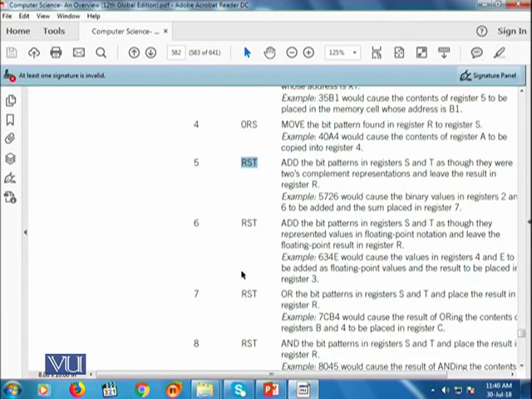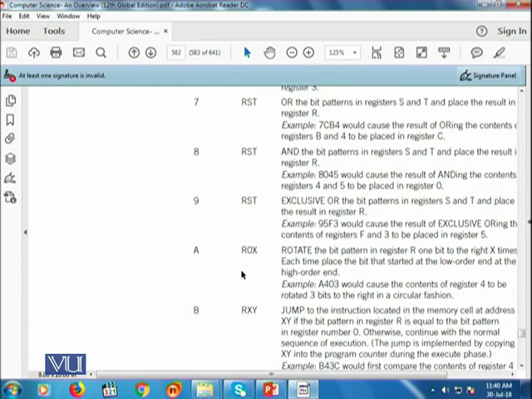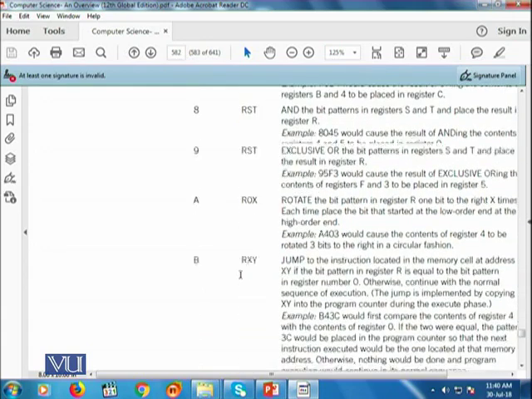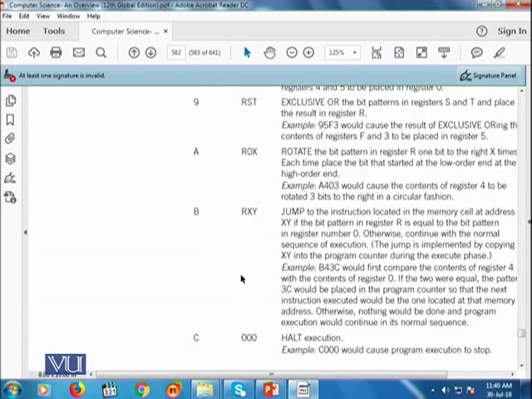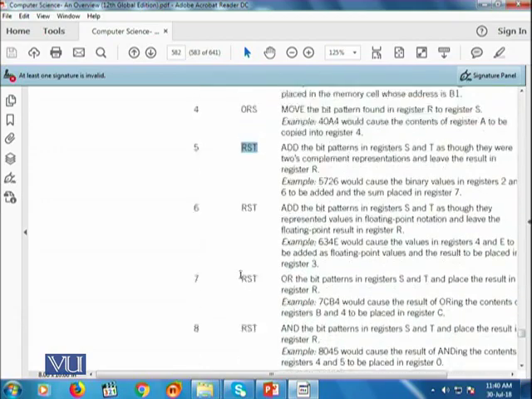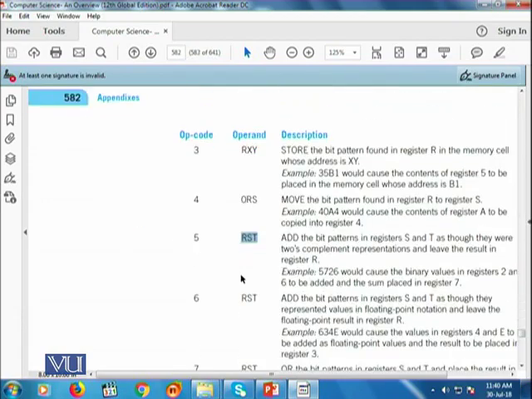We will not be using all of these instructions in today's module. However, you can learn about such a very small set of instructions and how the computer actually performs on the back end.